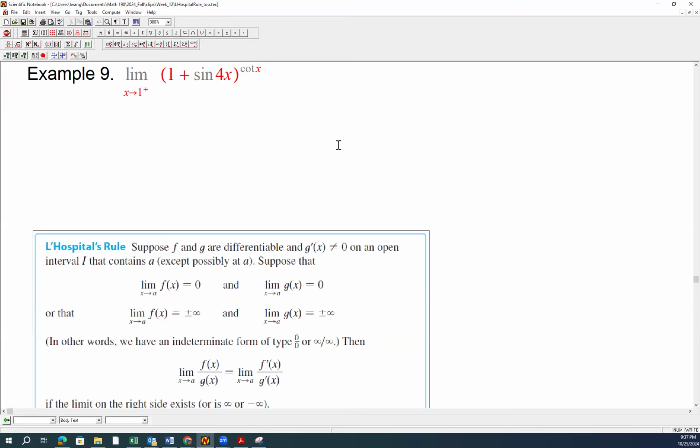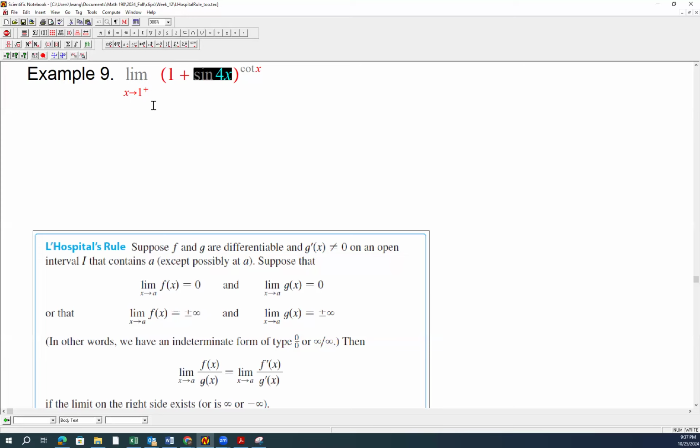Okay, so this indeterminate form, why do we call it indeterminate form? Because as x approaches 1, sine 4x is approaching sine of... wait, I think this is a 0.